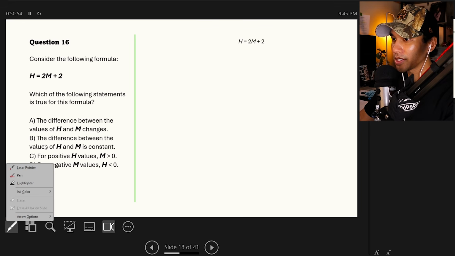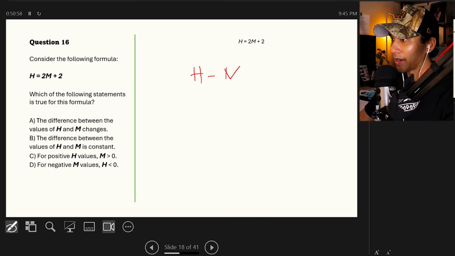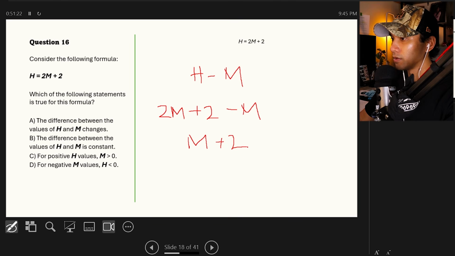So the equation here is h minus m, and you're just trying to figure out if it changes or stays the same for a and b. And h minus m, you would put h equaling 2m plus 2. So just replace it right here, 2m plus 2 minus m, and that would give us m plus 2.